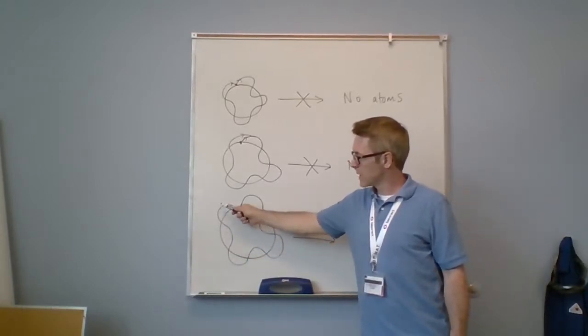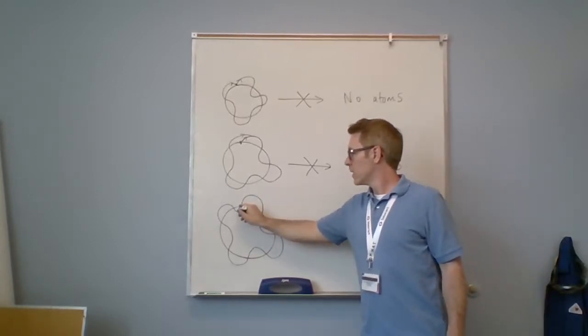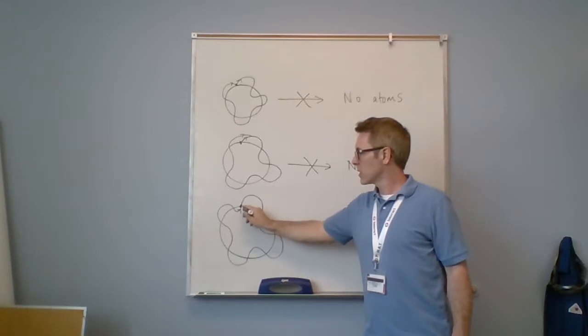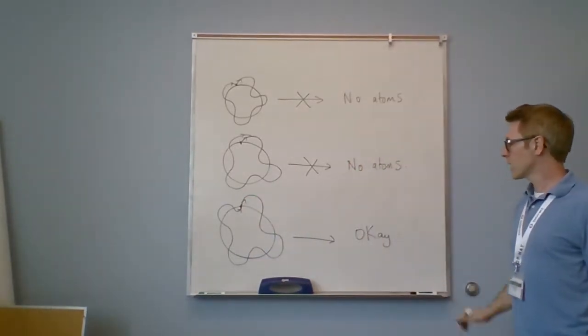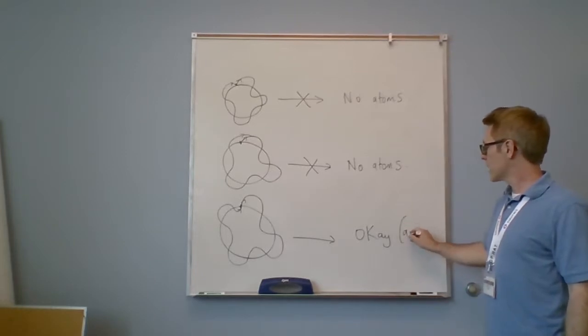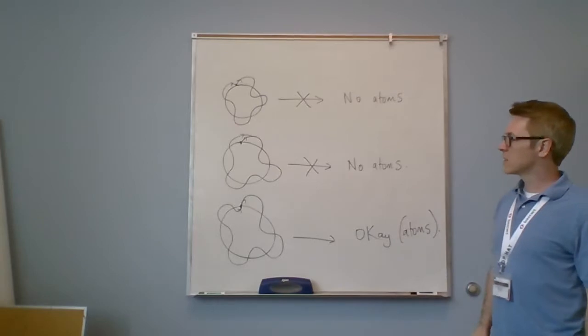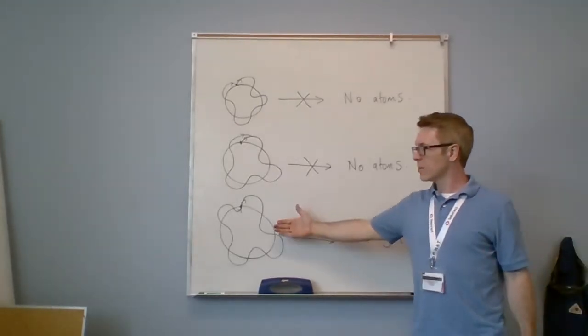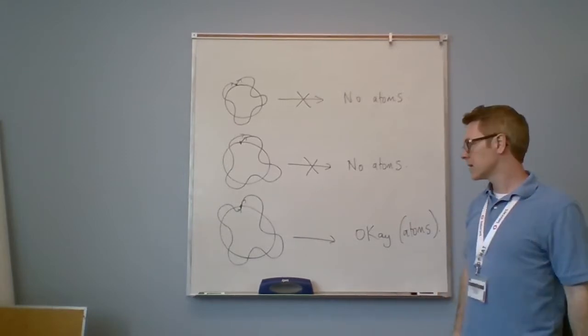And so long as I can fit in neatly with another wave, so this wave is entering the node as this wave is leaving the node, then this is okay, and we can get atoms. So there's certain ways we have to describe the wave on the orbit inside the atom.